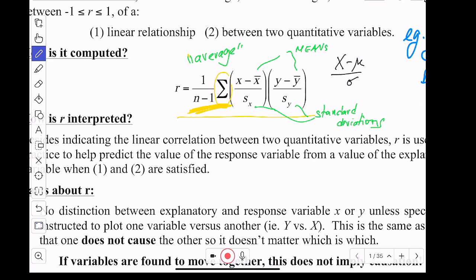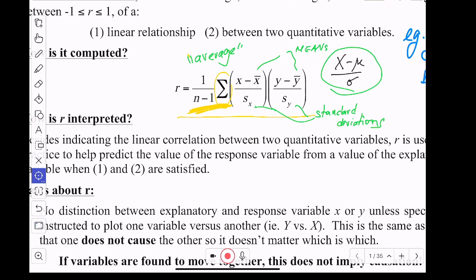What do we call this? Right, standardization. What this does is it converts every value relative to its mean in terms of standard deviation. So it converts every value to the number of standard deviations it is from the mean, every value for x, and its pair, every value for y.